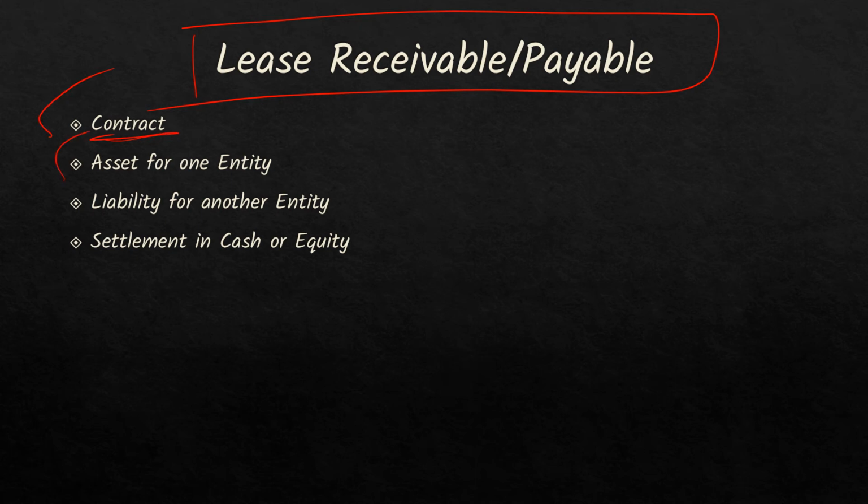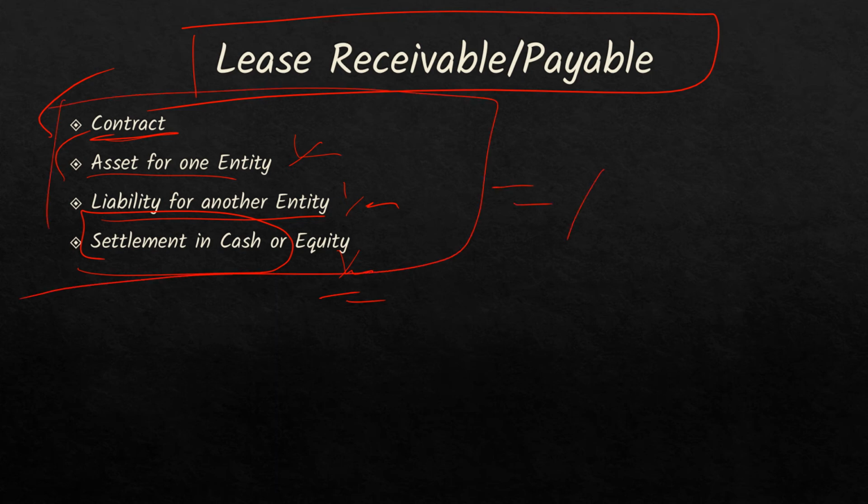Yes. You're yet to receive money. Yes. You are showing it as your asset. The lessee must be showing it as lease payable. So yes, settlement is in cash. Yes. So this is also a financial instrument.